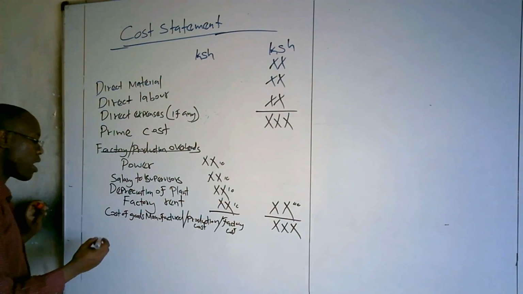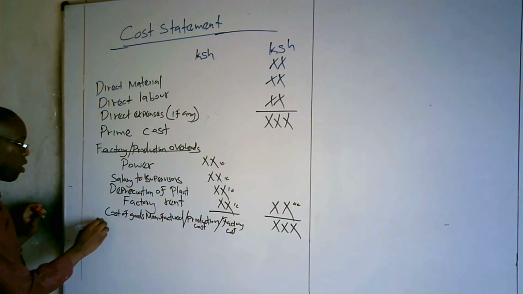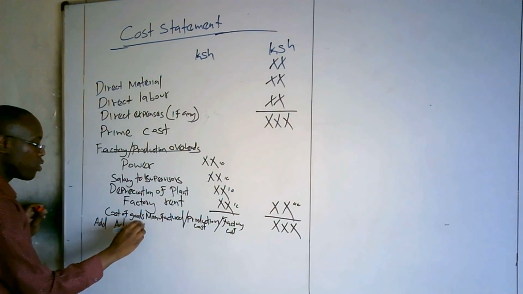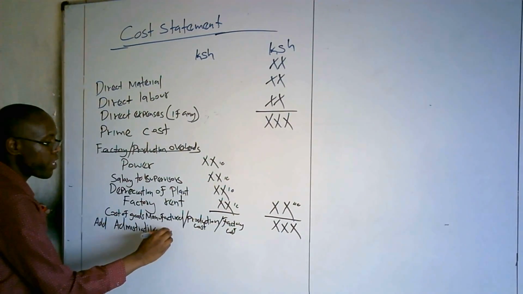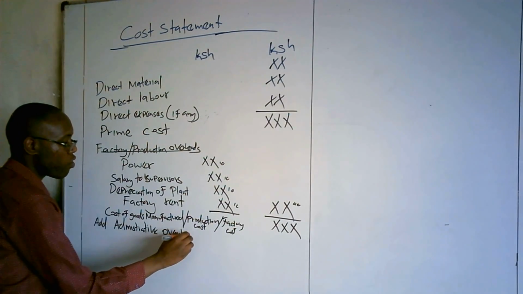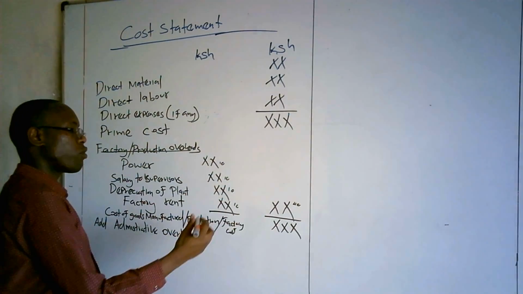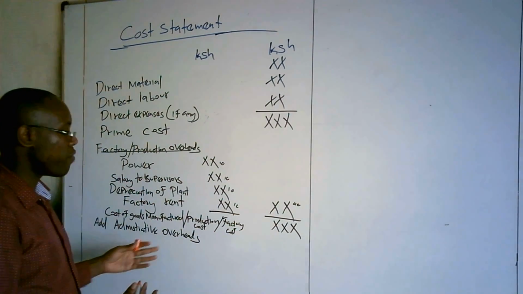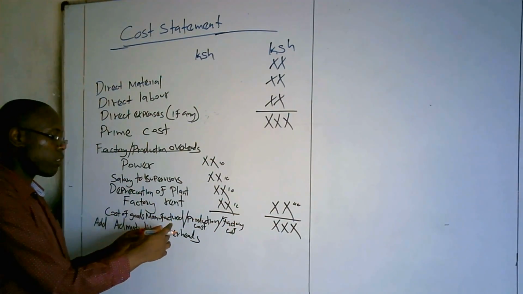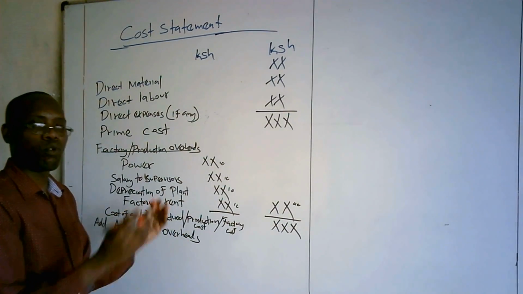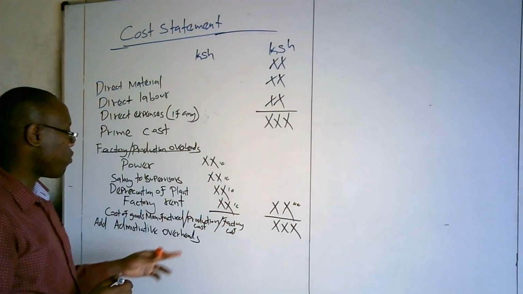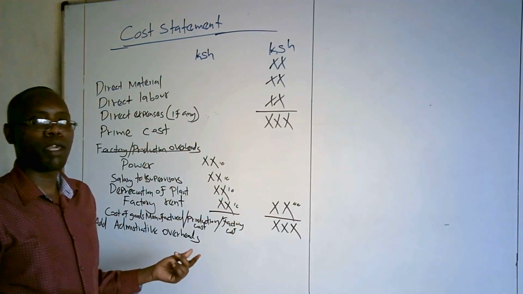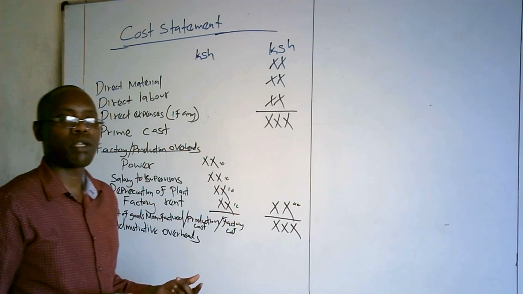And then you are going to add what we call administrative overheads. We are going to add them here if you have been given them, and sometimes they may not give you the administrative overheads in a group. They can actually give you, for example, office rent, maybe depreciation of the photocopying machine.